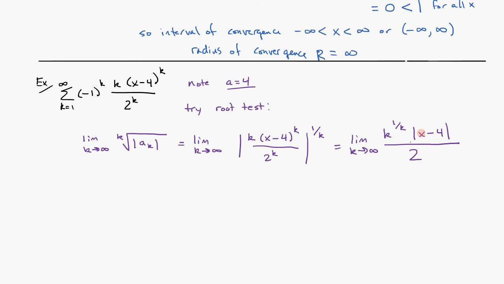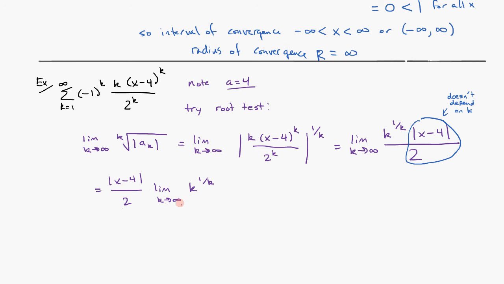And then now this part doesn't depend on k. So we can pull it out of the limit. So this becomes absolute value of x minus 4 over 2 times the limit as k goes to infinity of k to the 1 over k.